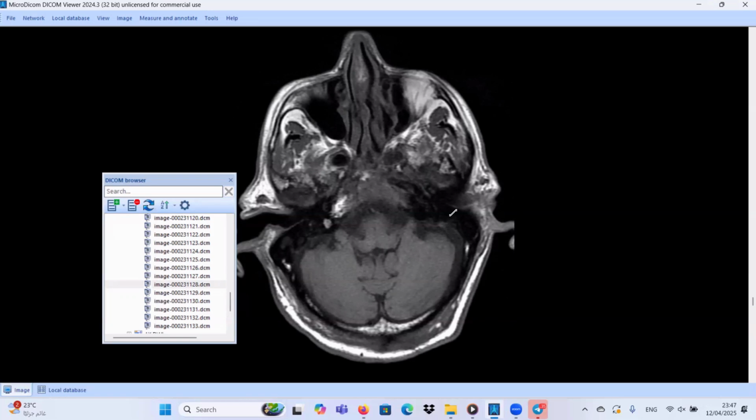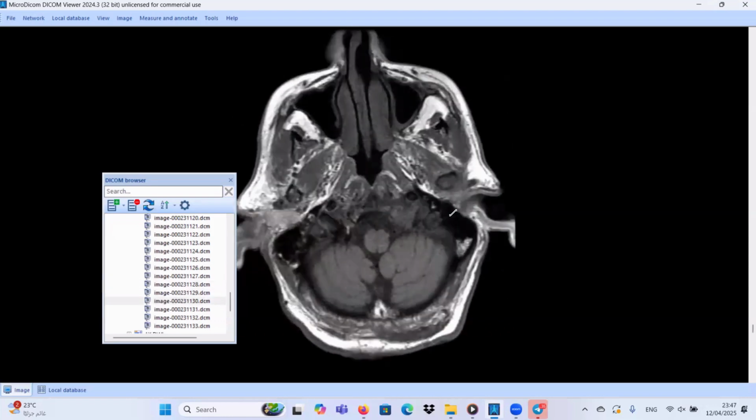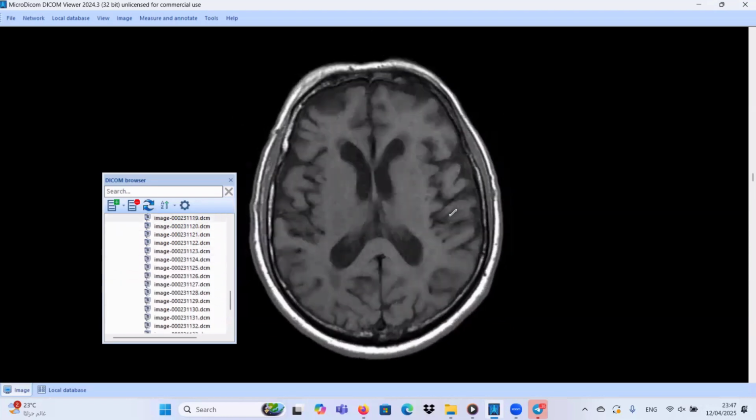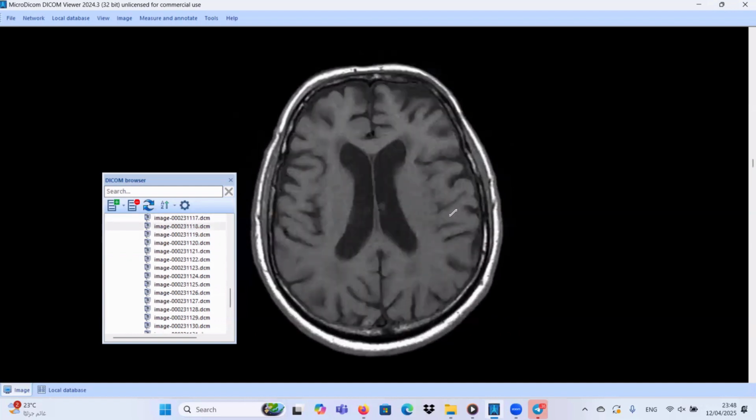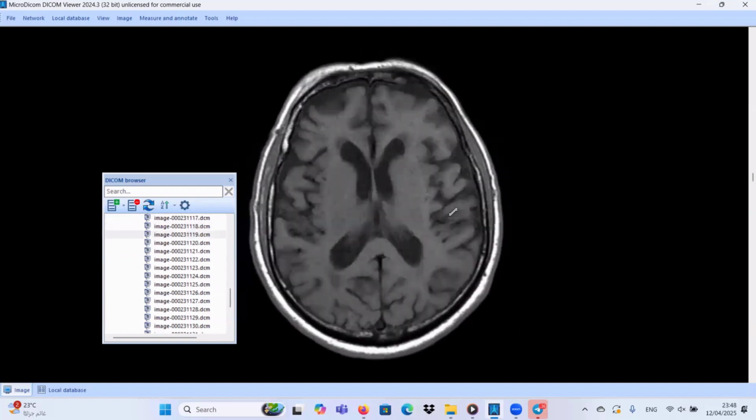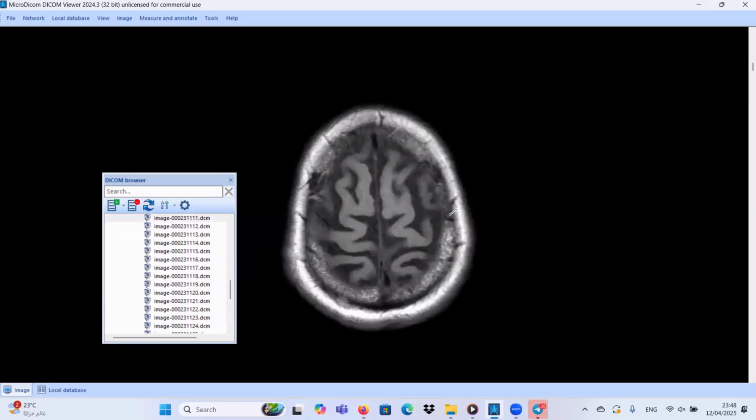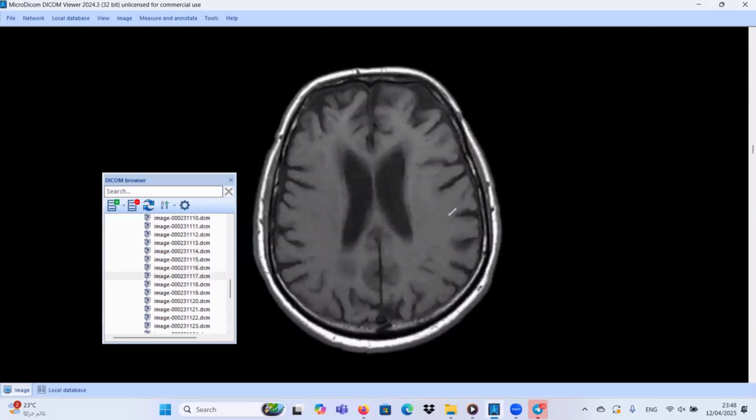And this is one of the hidden areas in CT brain and MRI brain. By the way, this case proved later on that this patient had prostatic carcinoma with extensive osseous deposits, widespread, involving many bones.